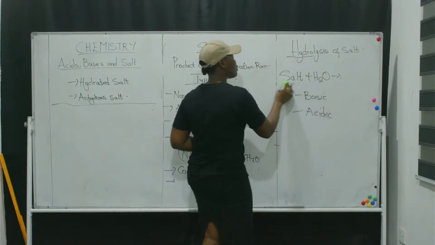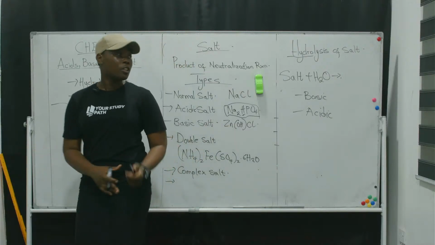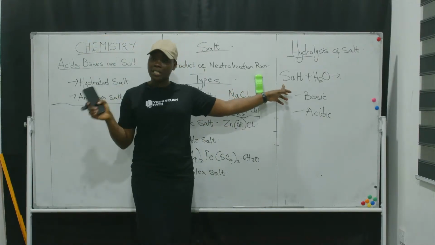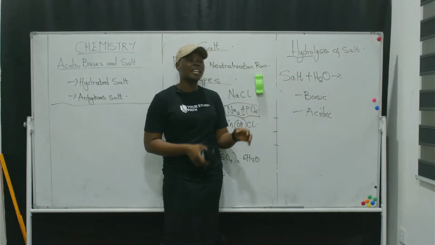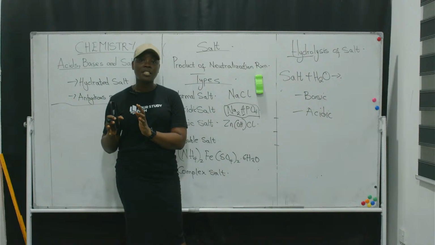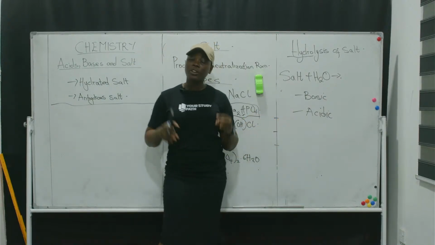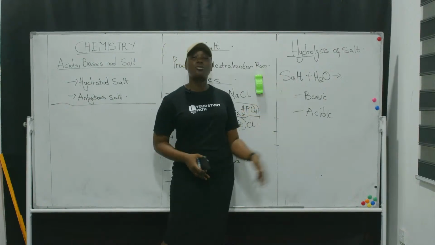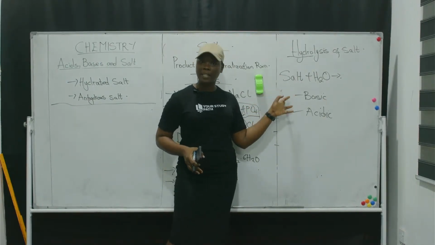When you dissociate the salt, don't forget this is coming from acid and base to give salt and water. And so when this gets dissociated and returns to acid and base, when you get a strong acid and a weak base, you say it is acidic. When the result leads to a strong base and a weak acid, you will say it is basic.